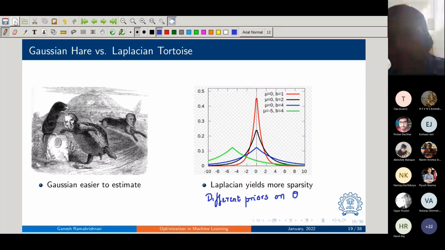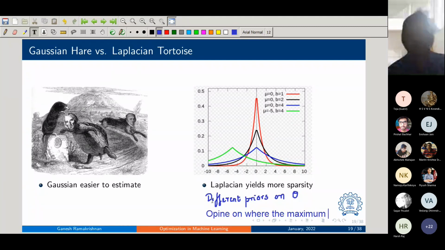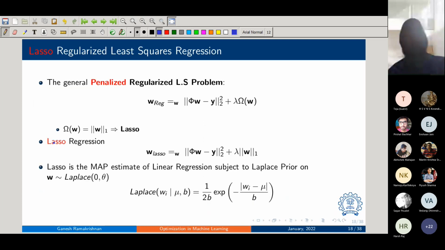And what do they say? They give the opinion on where the values must be concentrated, right? I'll come back to this Laplacian and Gaussian later on.